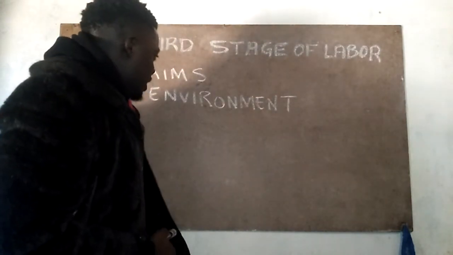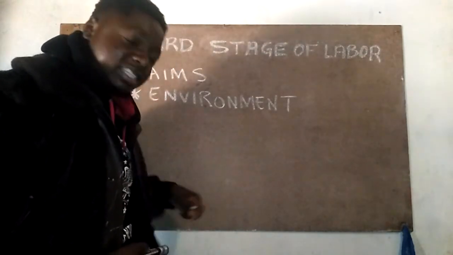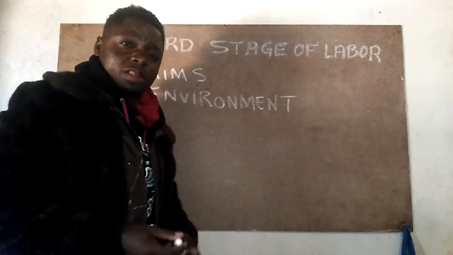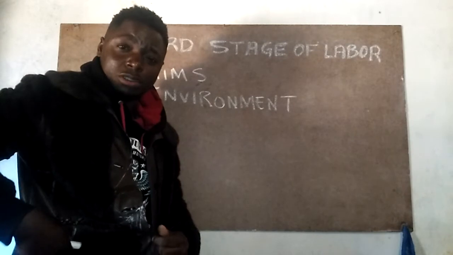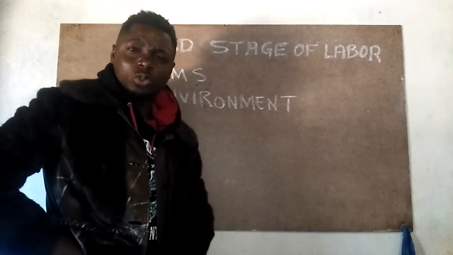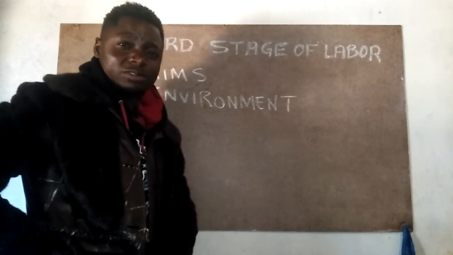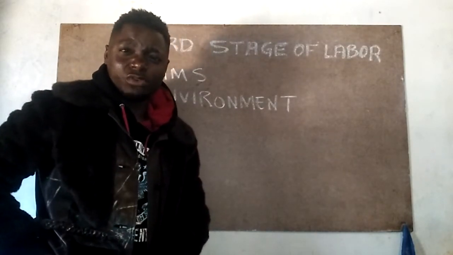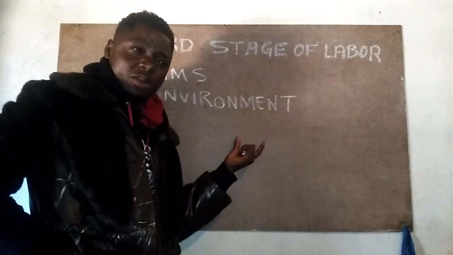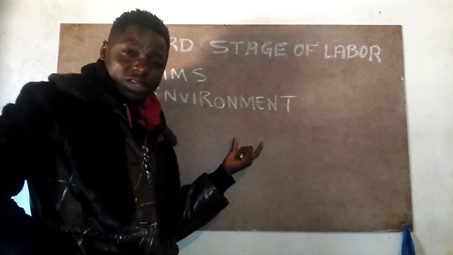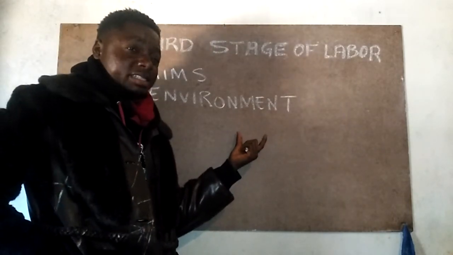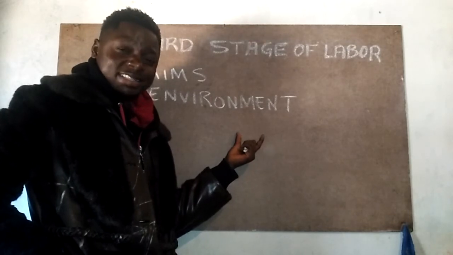Under environment, there is so much to talk about, but for the purposes of keeping this video short, we'll just look at some of the things that we need to look out for when dealing with the woman in the third stage of labor. We need to keep the environment clean. The labor ward is supposed to be clean, and it's supposed to have good light.